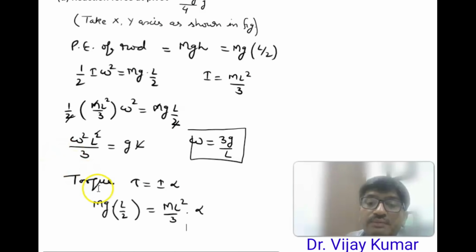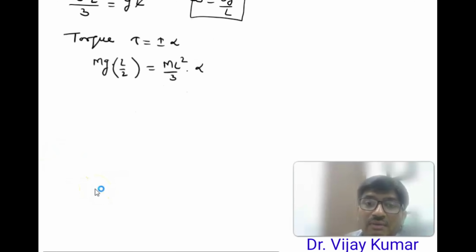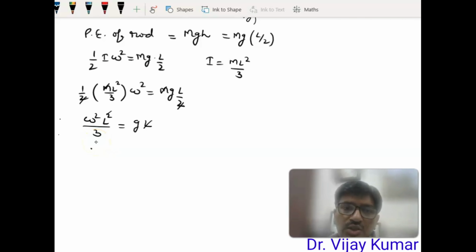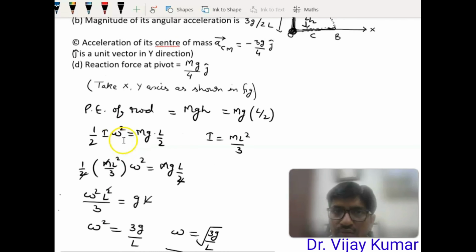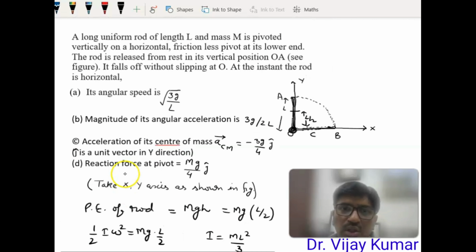If we calculate, we can cancel m and one L should cancel out. So omega square equals 3g upon L, and omega becomes under root 3g upon L. If we see the options, the angular speed is under root 3g upon L.